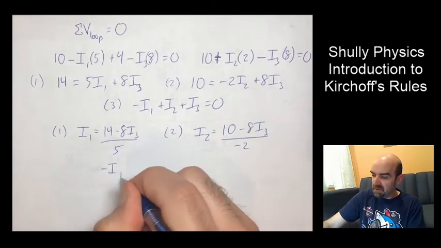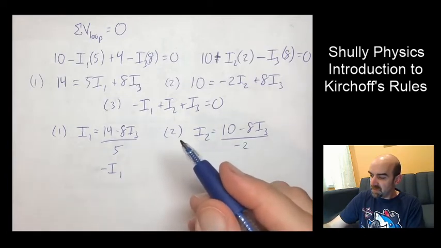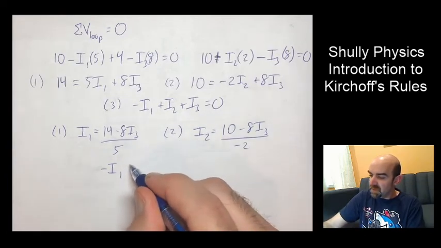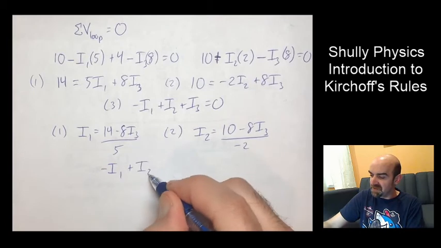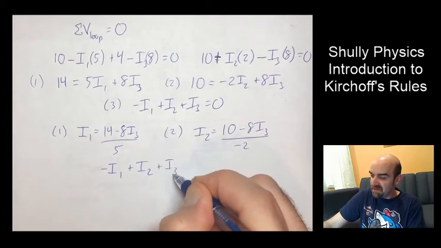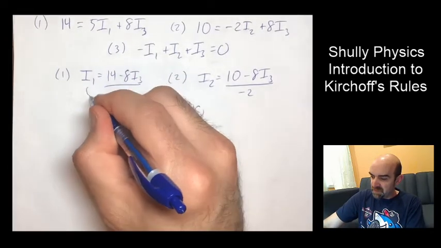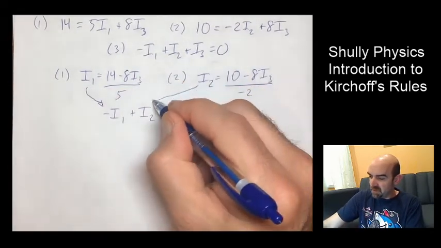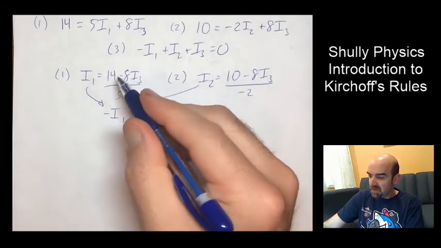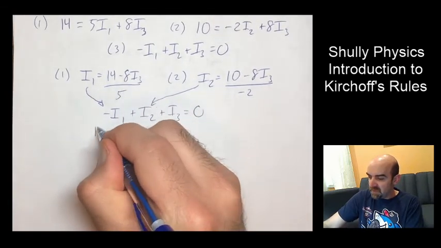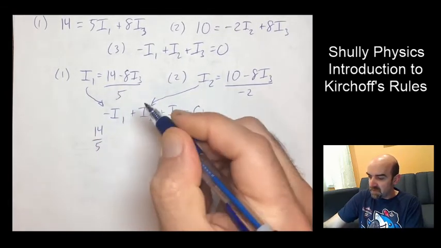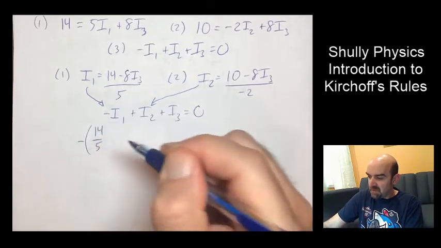Negative I1. You know what? I meant to plug them in, so I'm just going to rewrite this again. Move it up a bit. So I'm going to plug this in here and plug 2 into there. So we've got 14 over 5. It's going to be a negative on the outside here.